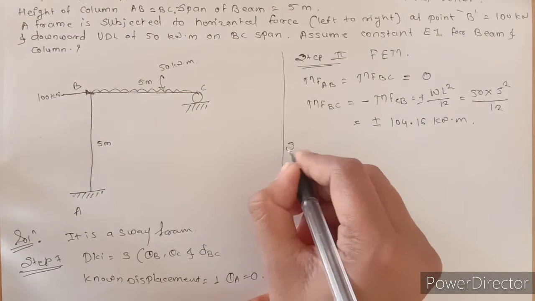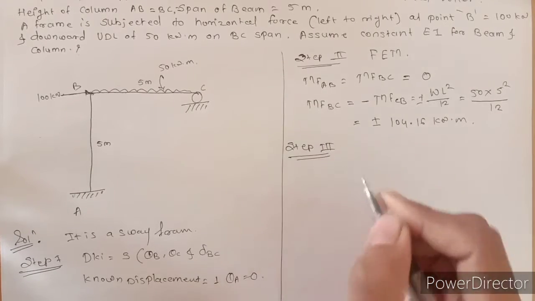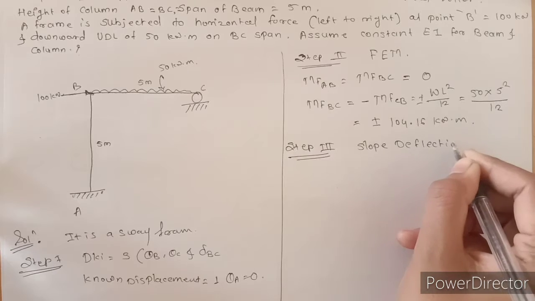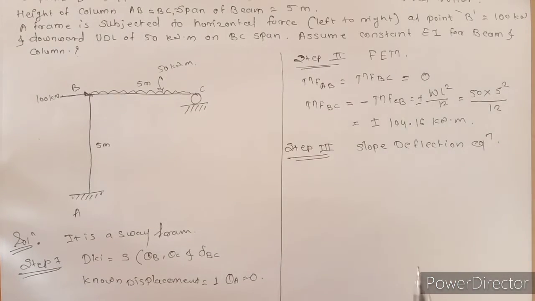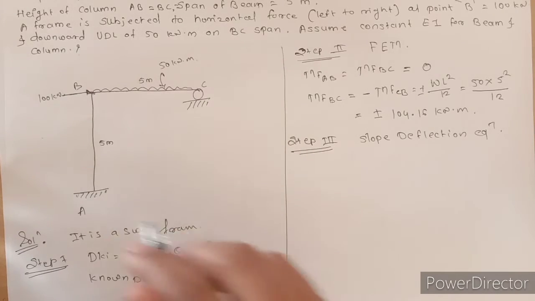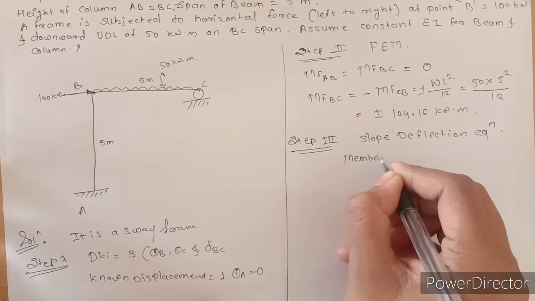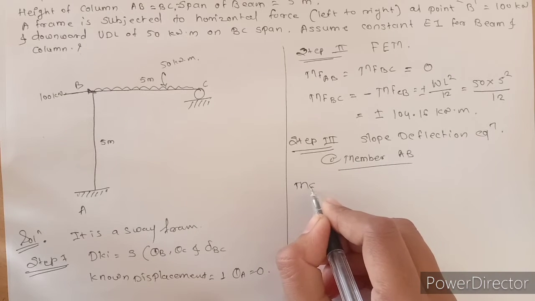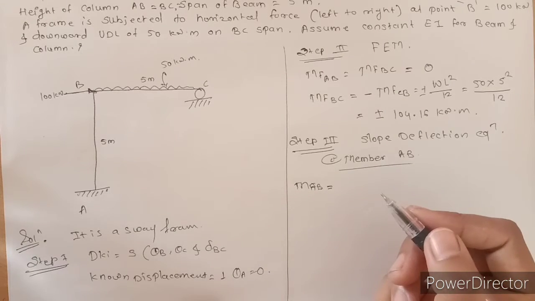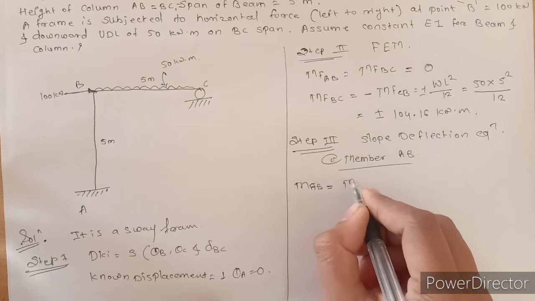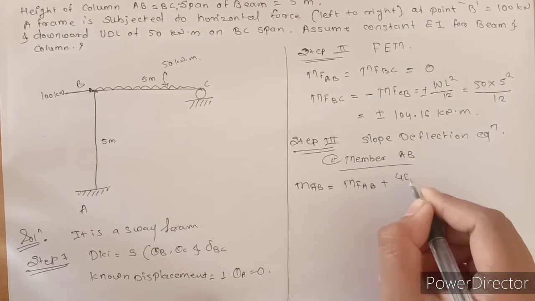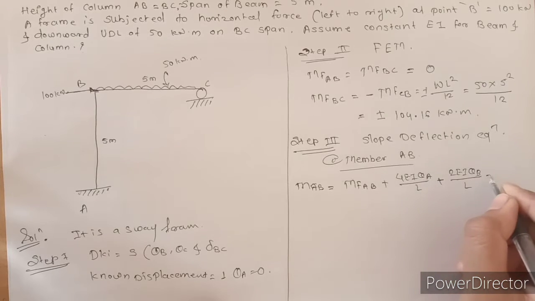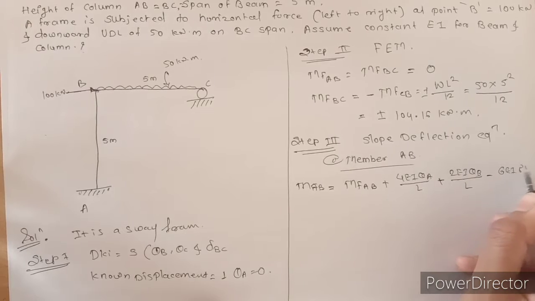Then step number three is to write the slope deflection equations. First take the AB member. The slope deflection equation for member AB: the formula is fixed moment at AB plus 4 EI theta A divided by L plus 2 EI theta B divided by L minus 6 EI delta divided by L square.